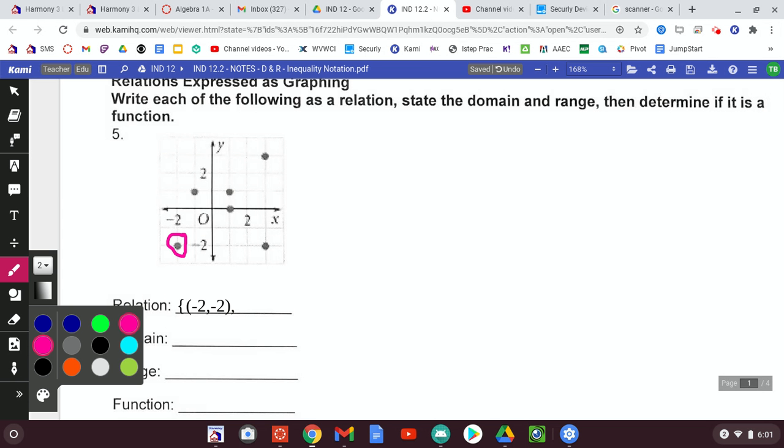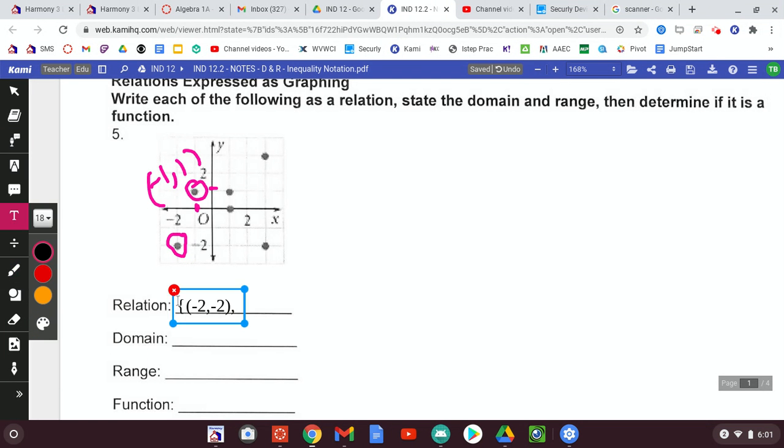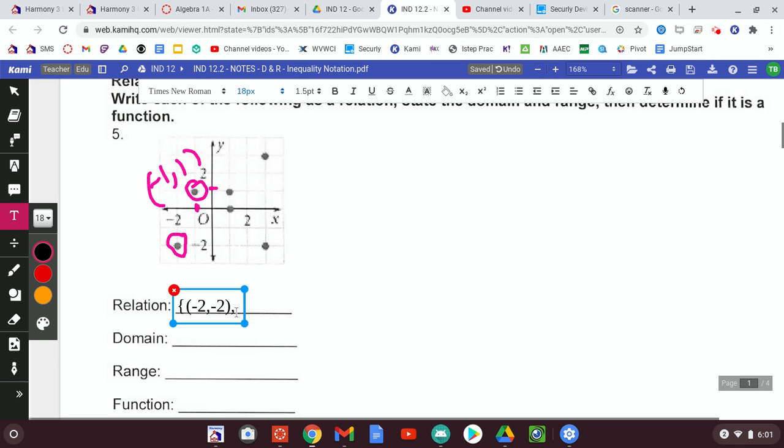Next in my relation, this is a -1 and this is a +1. So this point is -1, 1. That's that point. So I'm going to put that in my list of relations here. So -1, 1 is a point on my graph. And then next we have this point right here, which is the point 1, 0. So 1, 0.